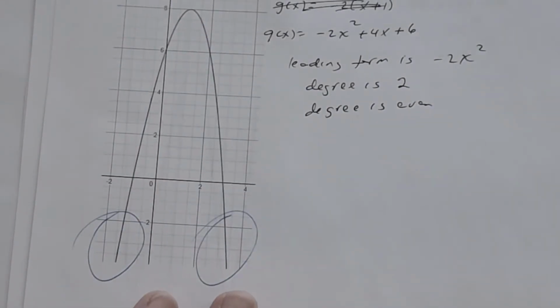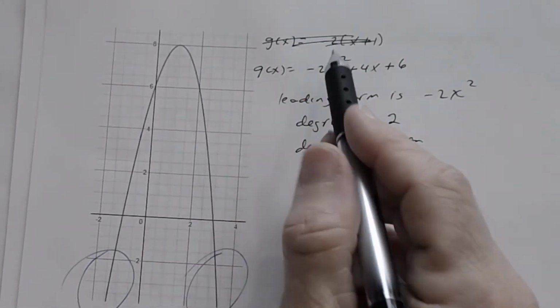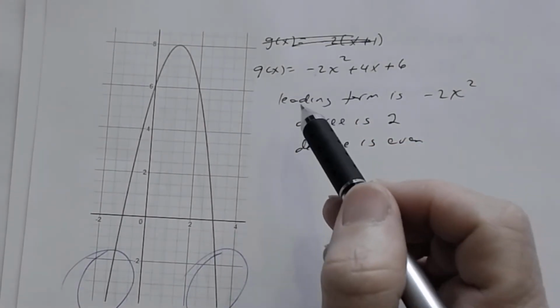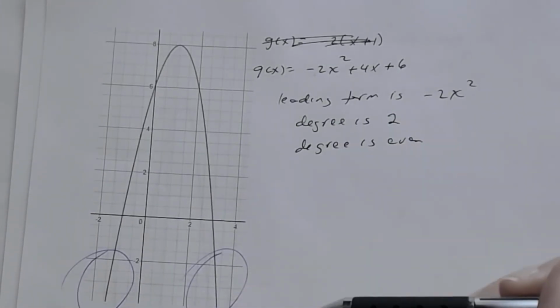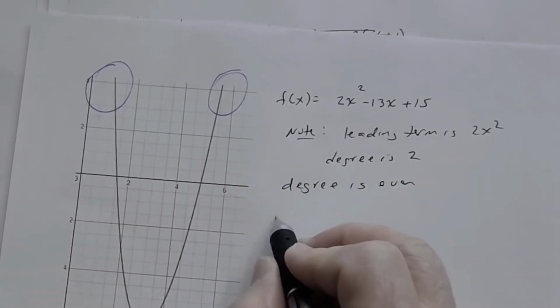If you recall from a previous lesson when we graphed quadratic functions, the coefficient of the leading term, which is negative, indicates that it's a reflection. So your arrows are pointing down. Notice this coefficient.